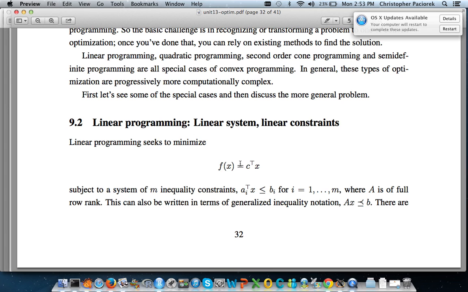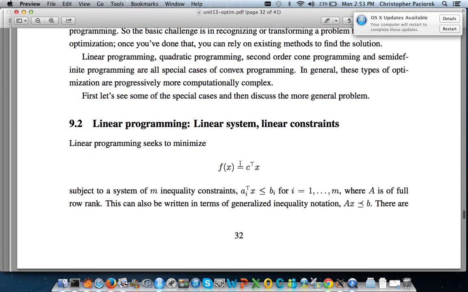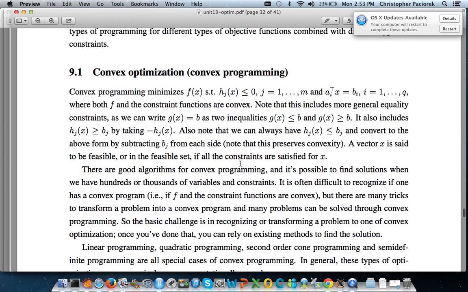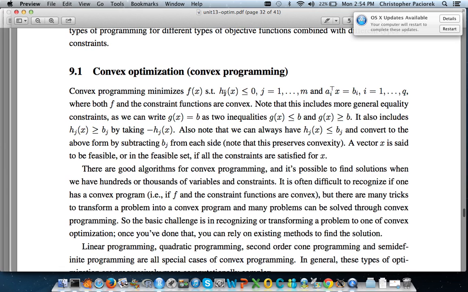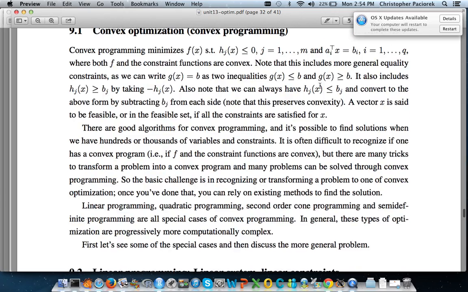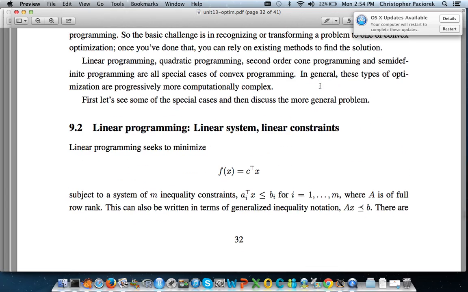Okay, so suppose that we have a much simpler system than what I set up here. Up here I said, suppose we have some arbitrary f that's convex, and inequalities where the h's are convex, and then we have this set of linear equality constraints. Well, what if instead we had a simpler problem where f was just a linear function?